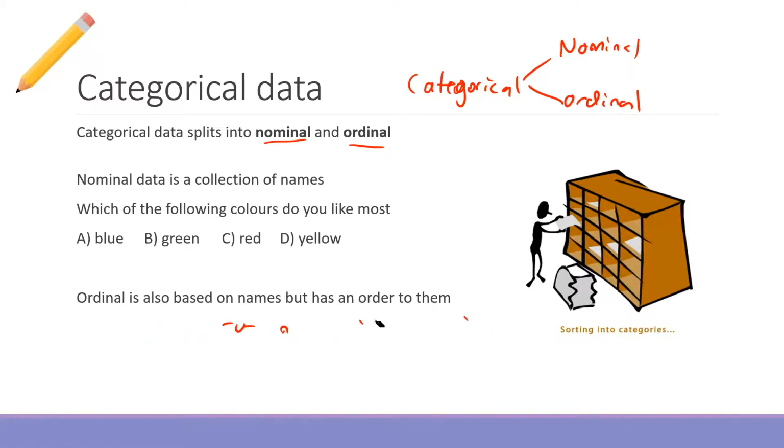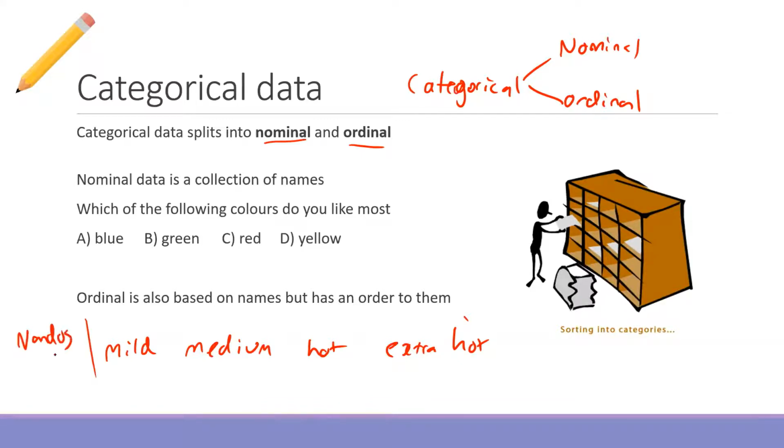One last one that I always like to do for this is a random order. This is my Nando's scale.